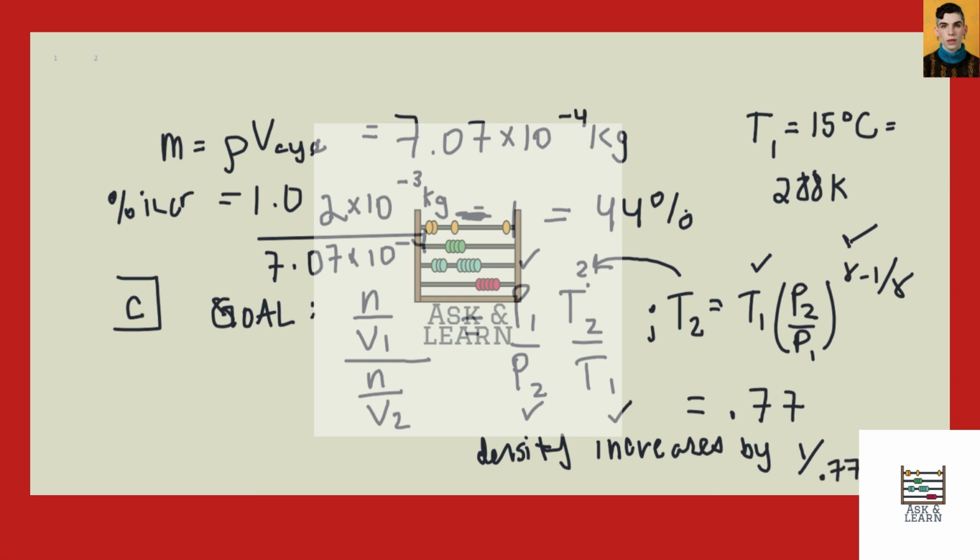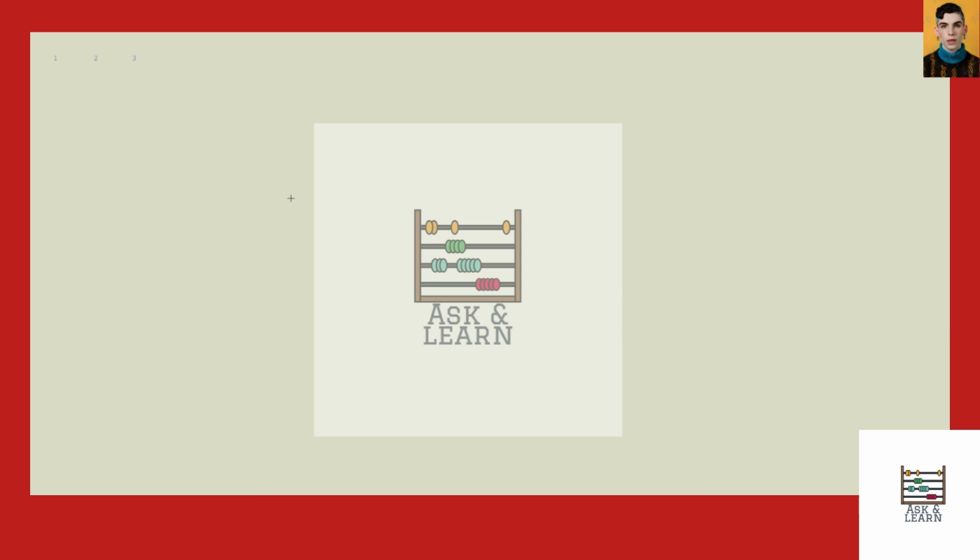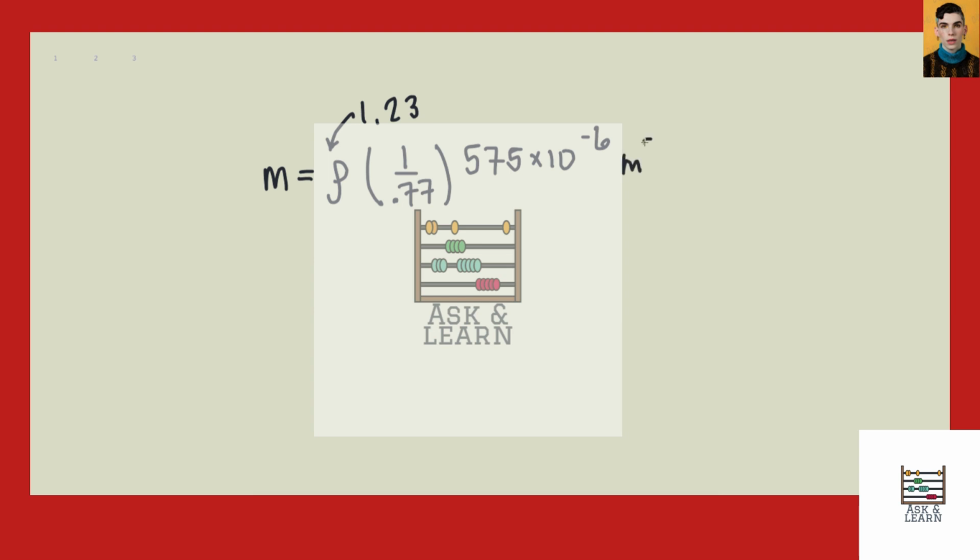And so finally, if that's how much the density increases, then the mass is just that times 1 over 0.77, this is your 1.23, times the volume of the cylinder, which is our 575 times 10 to the minus 6 meter cubed. And this 1.23, let me put some units on that, kilograms per meter cubed.